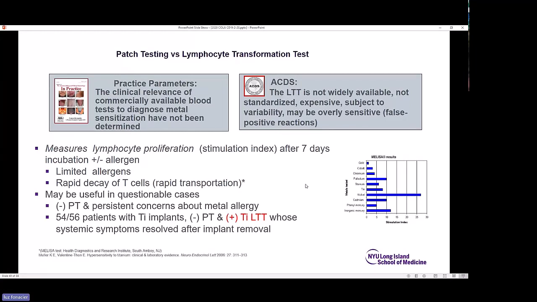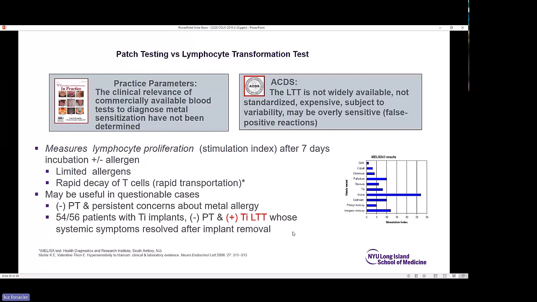Maybe there was one reference where patients with a negative patch test and persistent concern of metal allergy had a lymphocyte transformation test, and titanium was positive by the blood test.